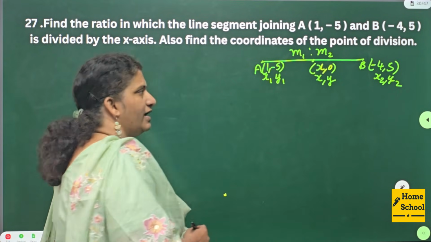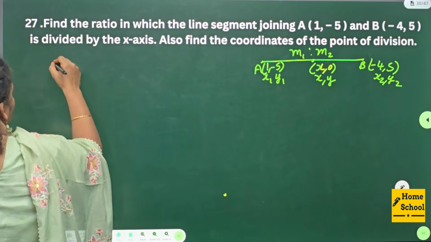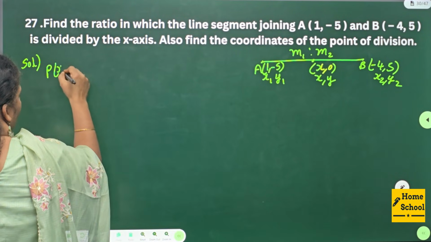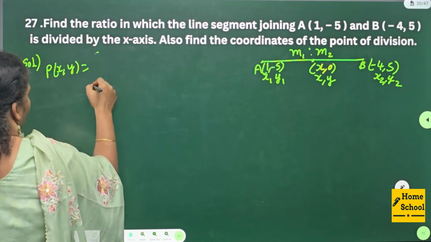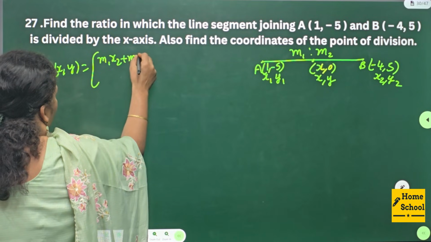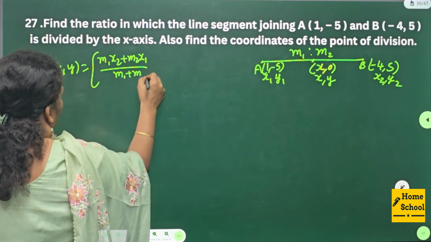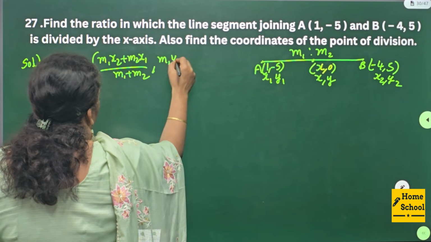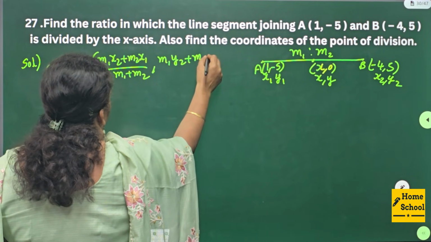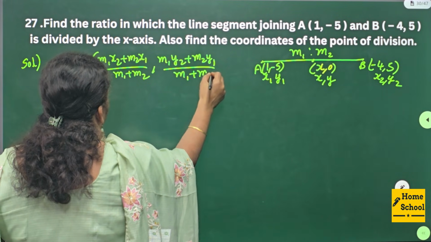So let us write it as m1 is to m2. Take the section formula. P(x, y) is equal to (m1 x2 plus m2 x1) by (m1 plus m2), (m1 y2 plus m2 y1) by (m1 plus m2).